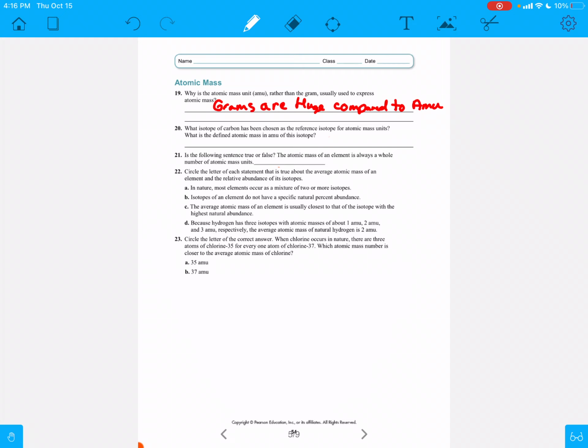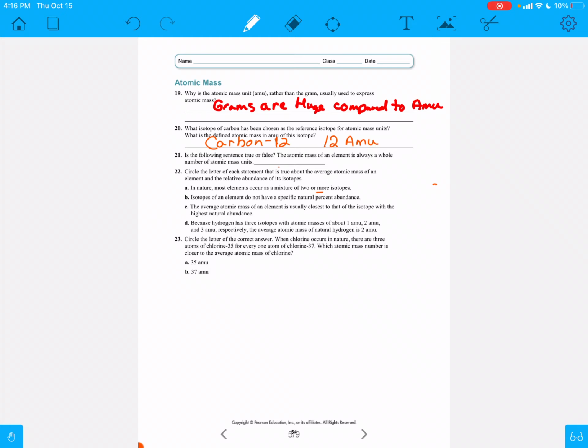Number 20: what isotope of carbon has been chosen as the reference isotope for atomic mass units? We are using carbon-12. Carbon-12 is our chosen isotope for the whole AMU system, and it has 12 AMUs.